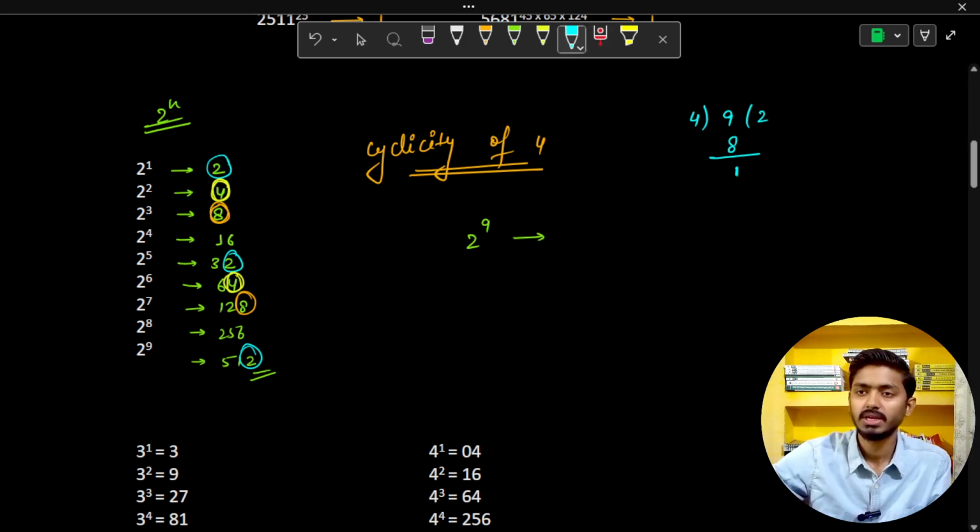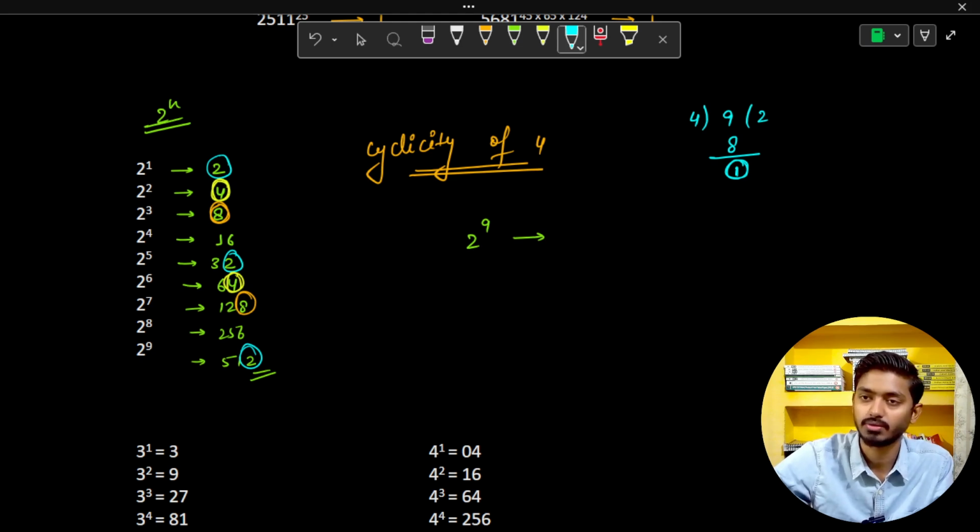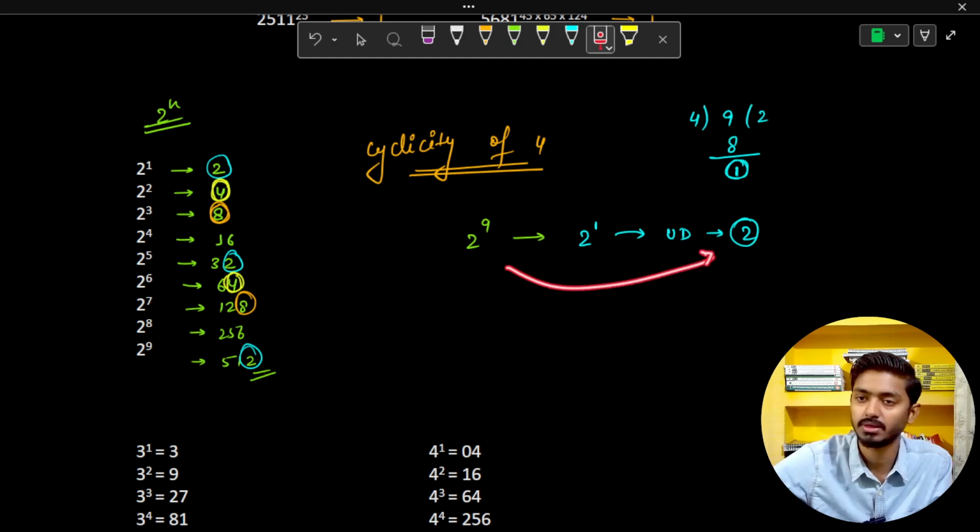So when we divide 9 by 4, we get remainder 1. Now we are not going to find the value for 2 to the power 9. We are going to find the value for 2 to the power 1. And the unit digit for 2 to the power 1 is 2. Therefore, the unit digit for 2 to the power 9 would be 2 only.